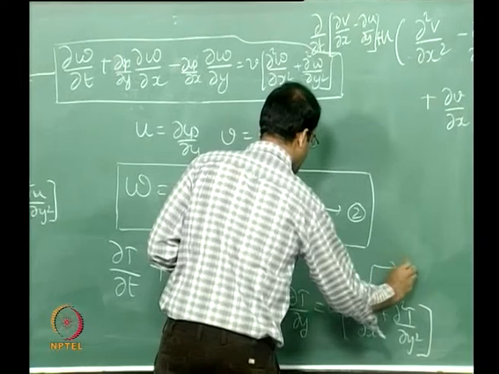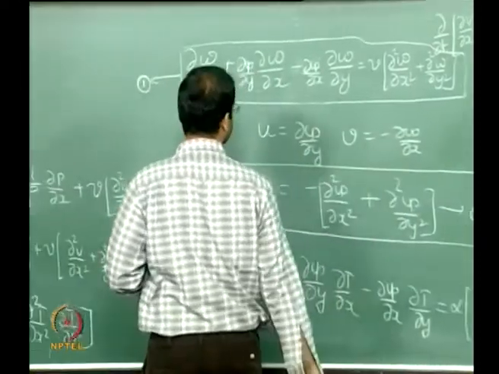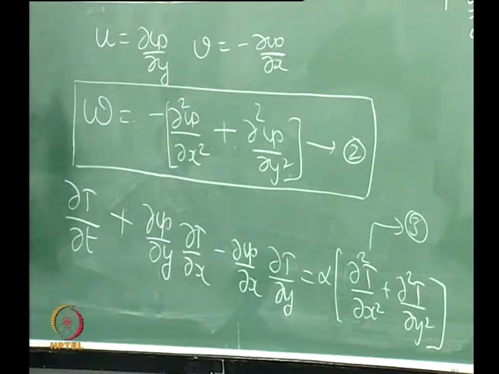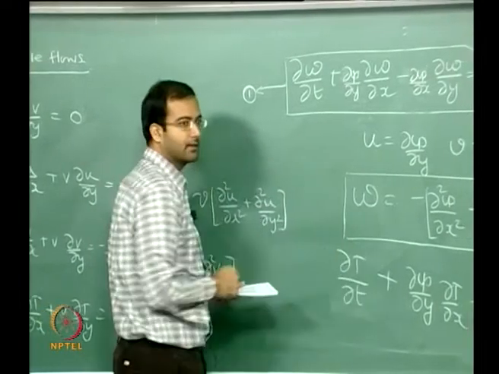So this is your energy conservation. So you solve three equations for three unknowns: omega, psi and temperature.